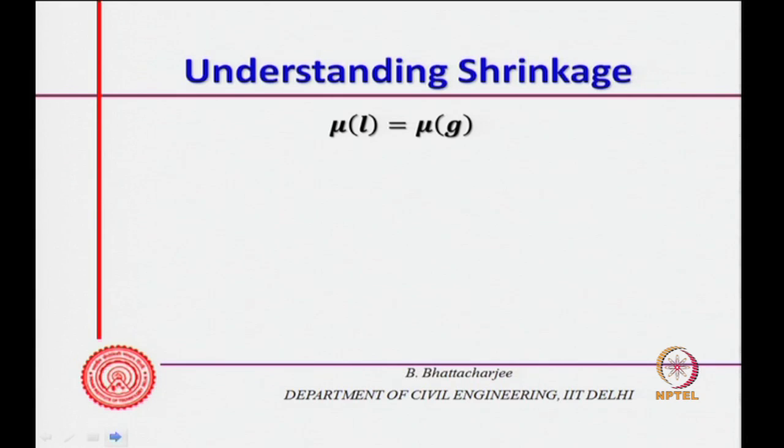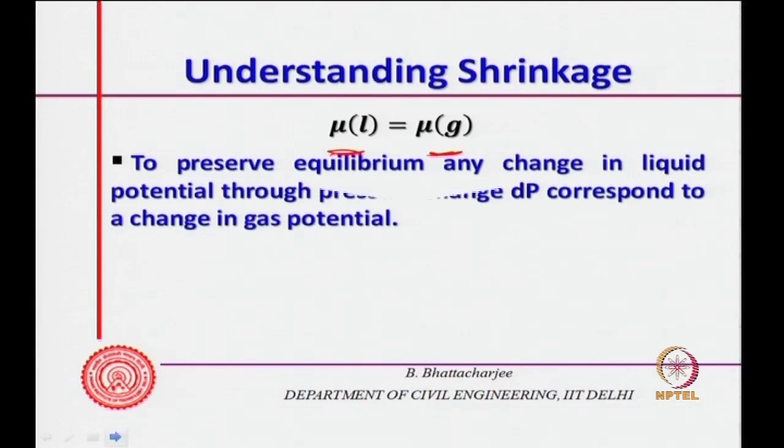So, if I write the chemical potential mu L of the liquid must equal mu G at equilibrium, and if I have to preserve this equilibrium, any change in liquid potential through a pressure change dP must correspond to a change in gas potential.